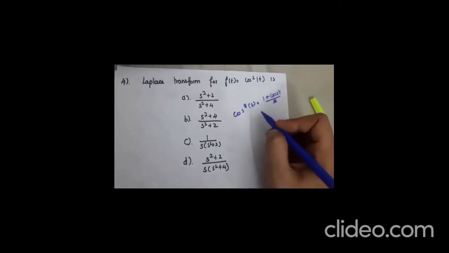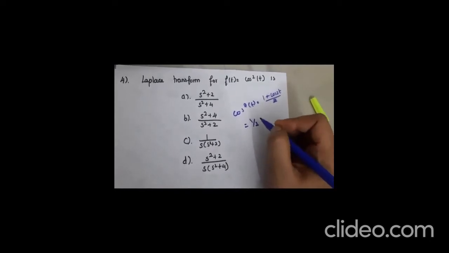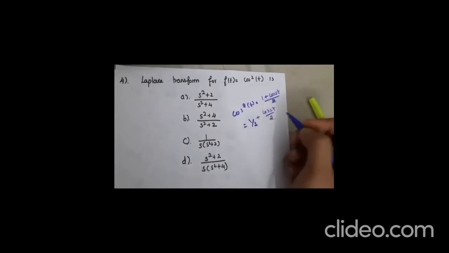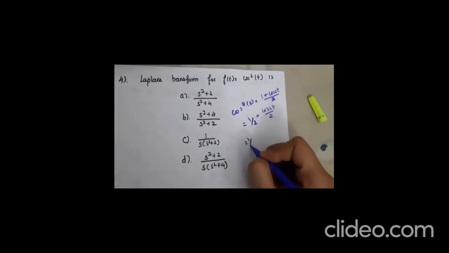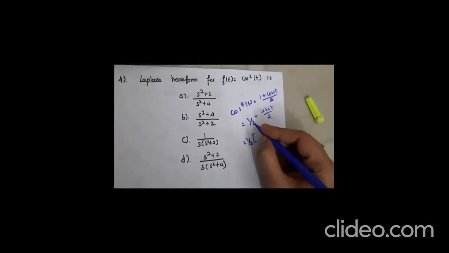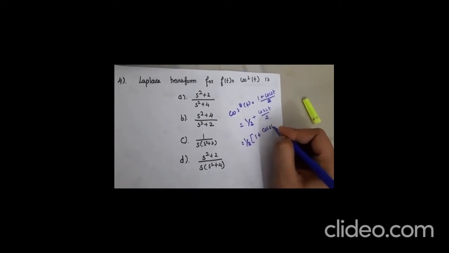So now 1 by 2 outside, and this becomes 1 plus cos 2t.